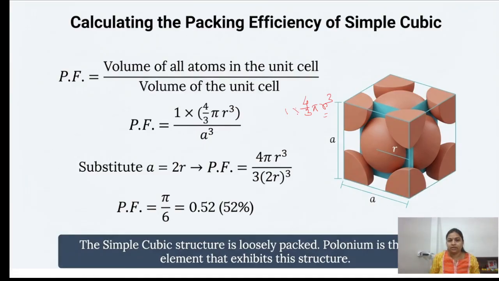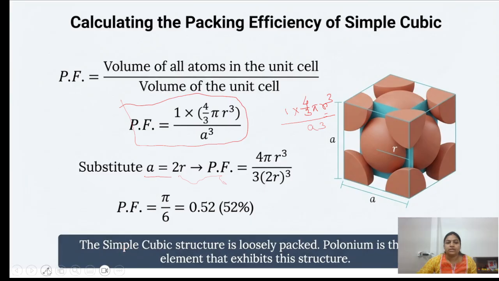This is divided by the unit cell volume, which is a cube. So the packing factor is this. If we substitute the atomic radius, a equal to 2r, then the packing factor for this structure is pi by 6, that is 0.52, or 52%.